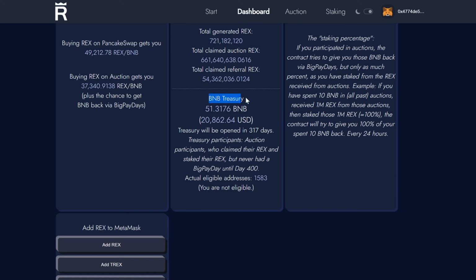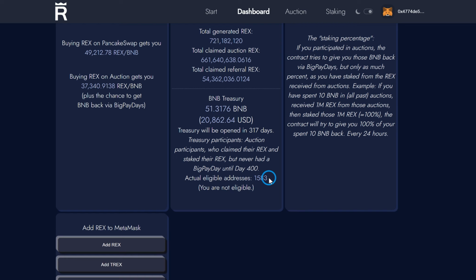So out of the daily auction pool, some of it goes to this treasury, and in this treasury it keeps accumulating until the end of big payday. And what happens is, if you did not get hit with big payday and you were, I guess, unlucky, then if you're eligible for it, which you should because you haven't got hit with it, you will get an equal share of the treasury.